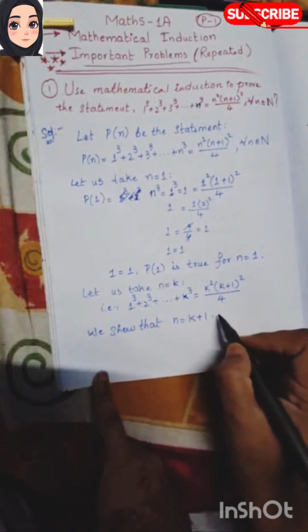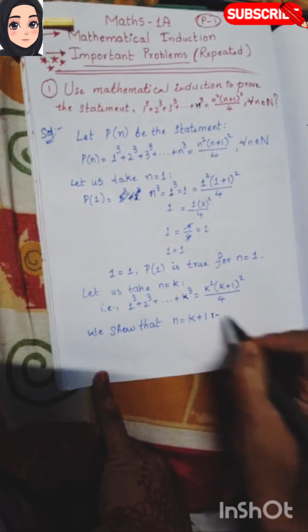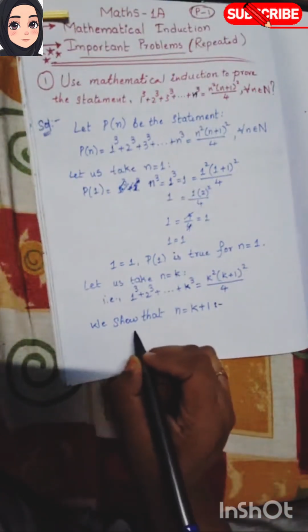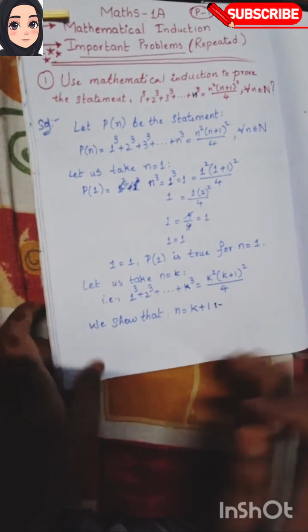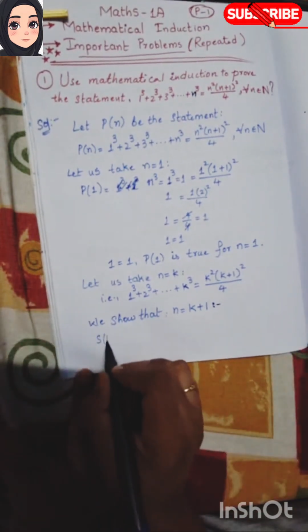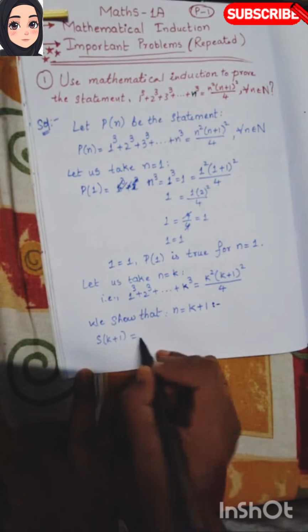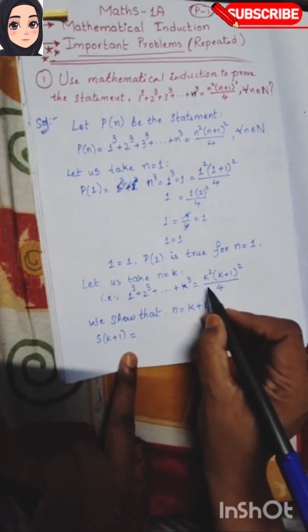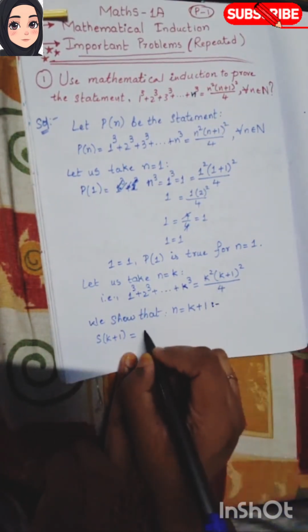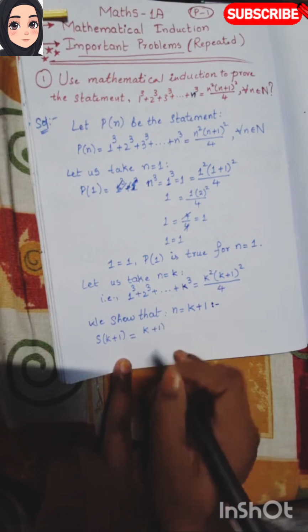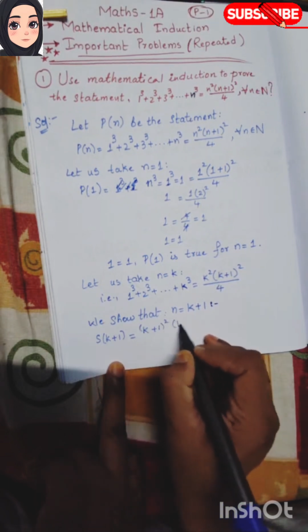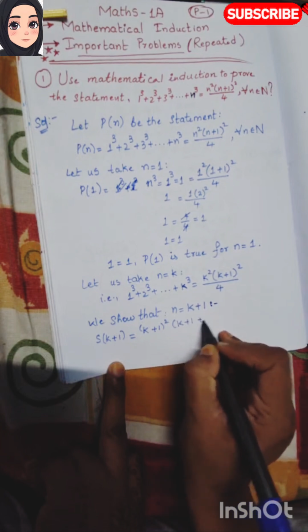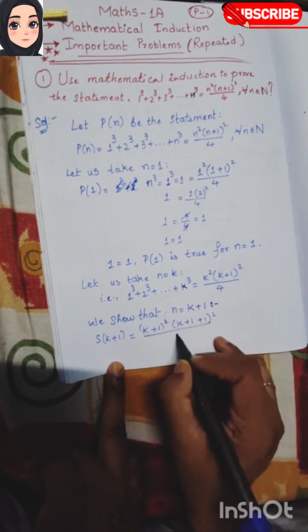Okay, how is it possible? We have to take simple steps and prove it. Now this is what we have to show: p of k plus 1 is equal to (k plus 1) whole square into (k plus 1 plus 1) whole square by 4.